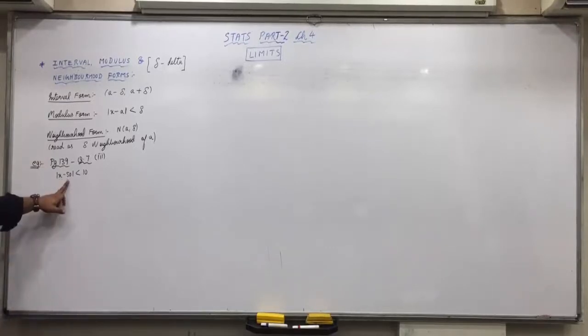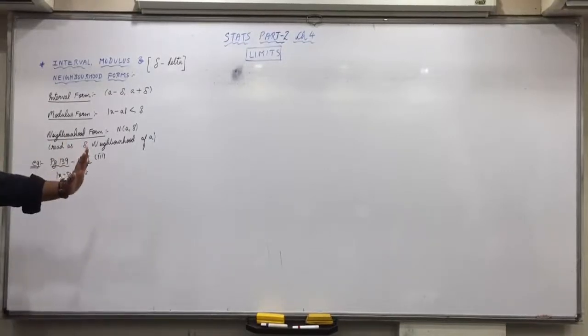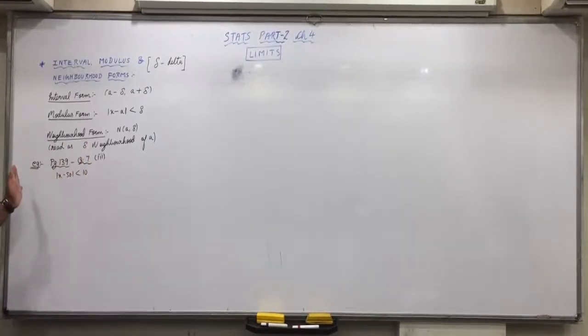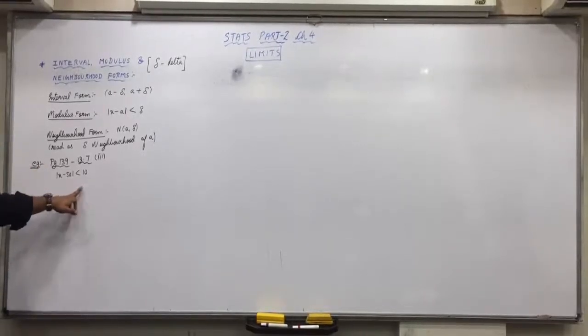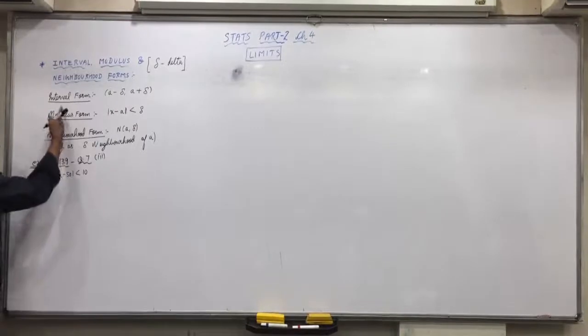Then we had to cancel 50, because only x should be in between. So we added 50 in all three places. -10 plus 50 became 40, then -50 and 50 cancelled, and 10 plus 50 became 60. X came between 40 and 60. Is that the interval form or not?